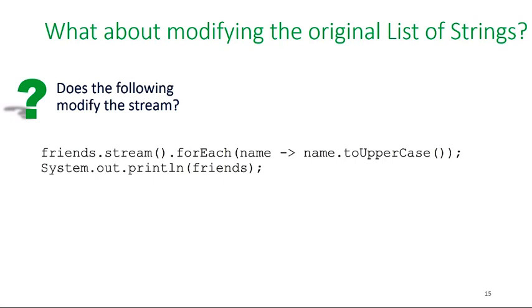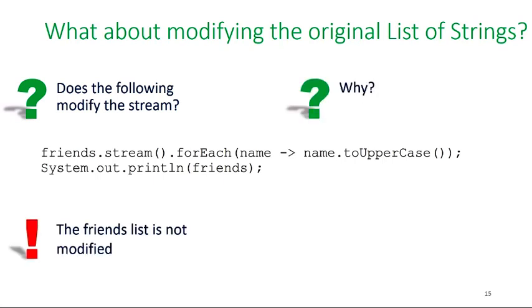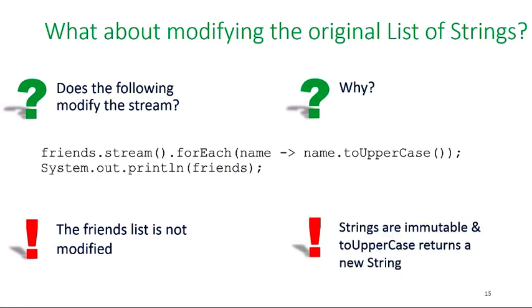So that's it. That's where we go to, but I don't want to be a functional programmer. So what about if we want to modify the original stream? In this case, you guys already went into that. The friend list is not modified, okay? We made that clear. The reason why, there are different levels of reason.